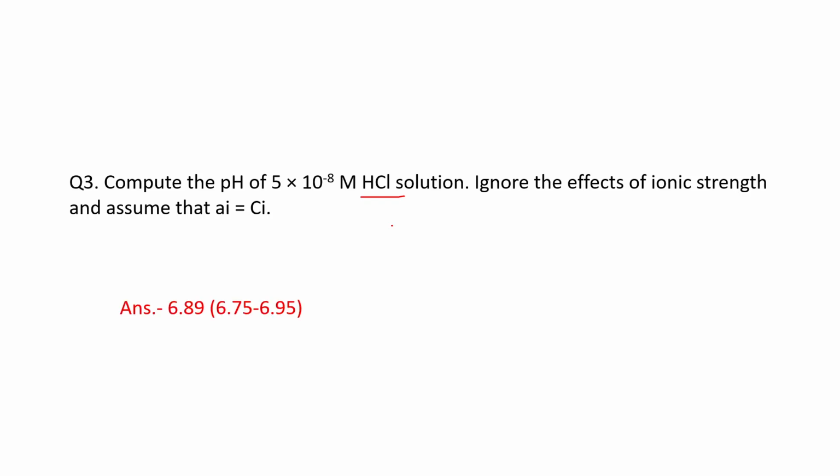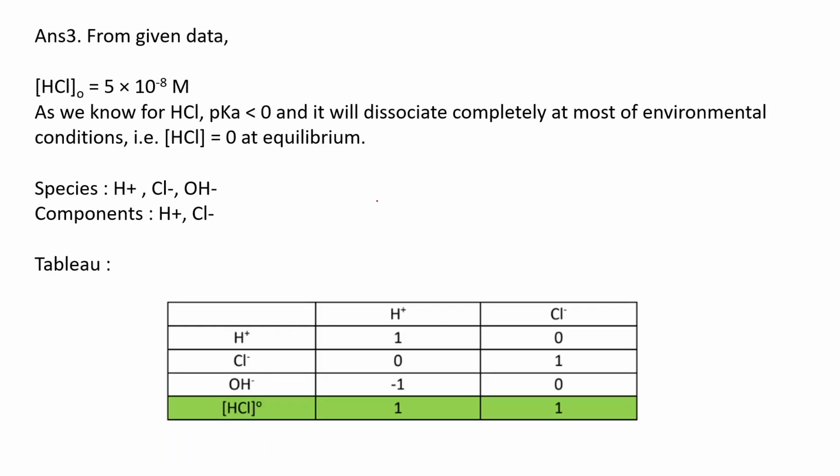Coming to the solution, the answer is 6.89, and this is the range in which answers can be taken as correct, because it is not a multiple choice question, so you can write the answer in a particular range. From the given data, HCl naught is 5 times 10 raised to power minus 8 molar.